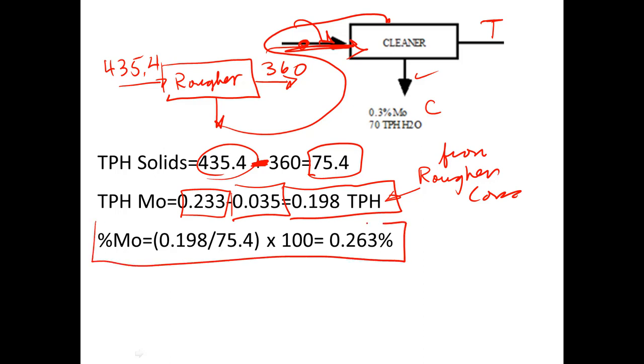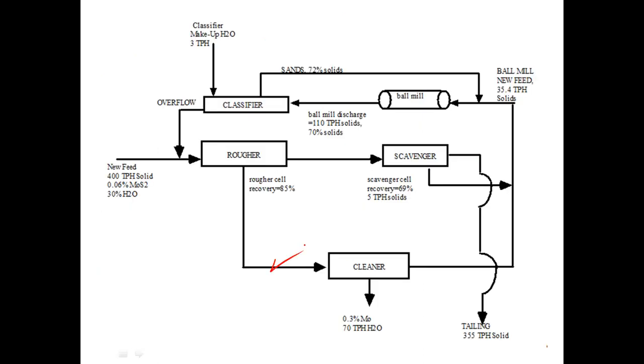And we can get the cleaner feed percent molybdenum by taking the total weight of molybdenum divided by the total solids and multiplying by 100 to get a grade in this cleaner feed of 0.263%. So we just calculated that.